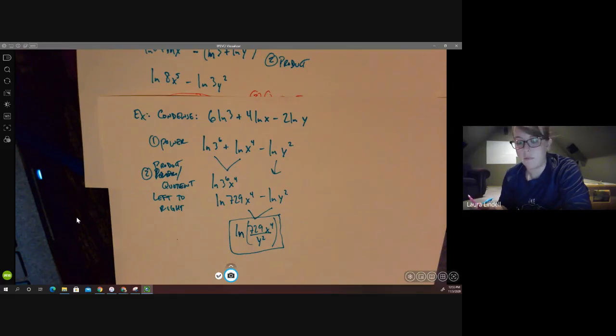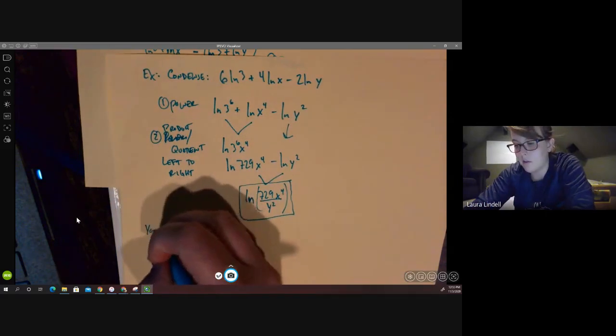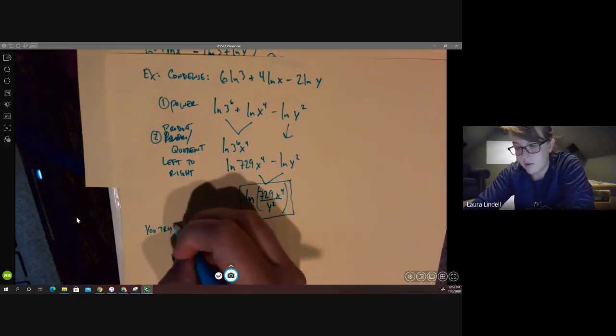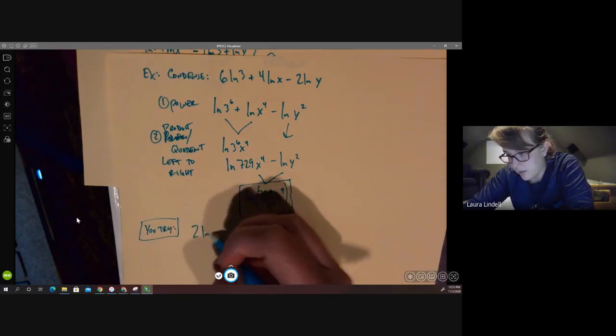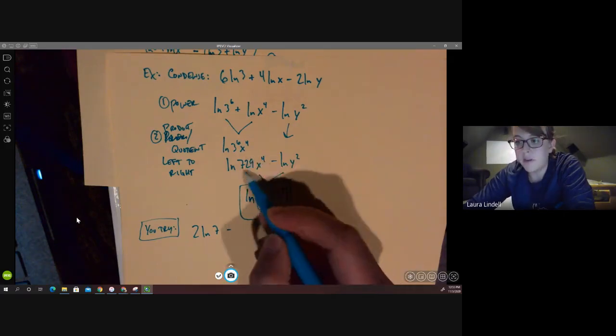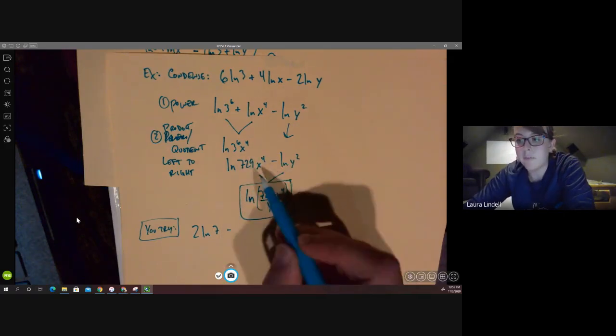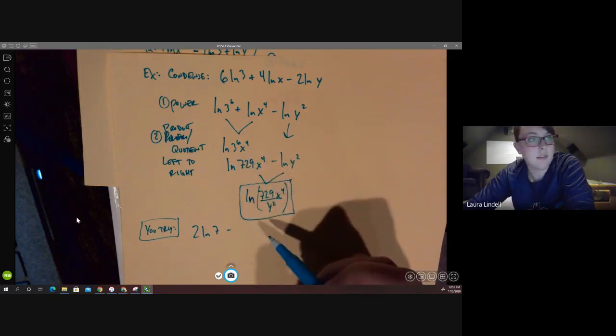Okay, I'm going to give you guys one to try. We have 2 natural log of 7 minus, let's see, whichever one is first goes on top of the fraction. So if it's this minus this, this goes on top.